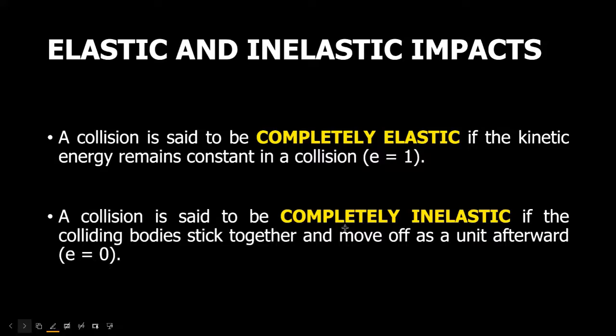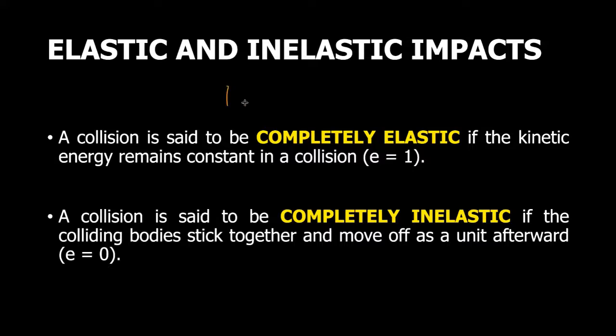When a collision is said to be completely elastic, its kinetic energy remains constant in the collision. So when we say constant, the initial kinetic energy is equal to the final kinetic energy.